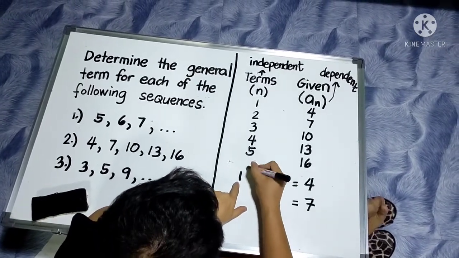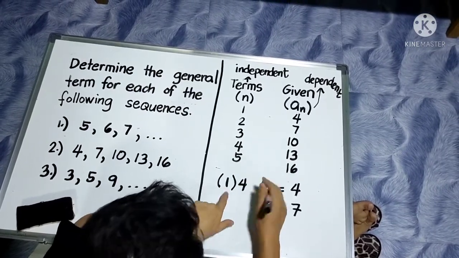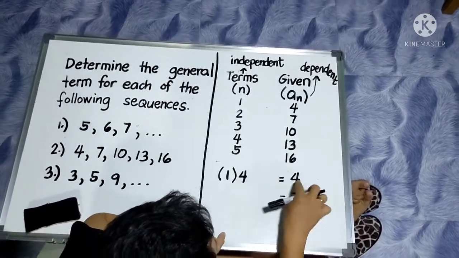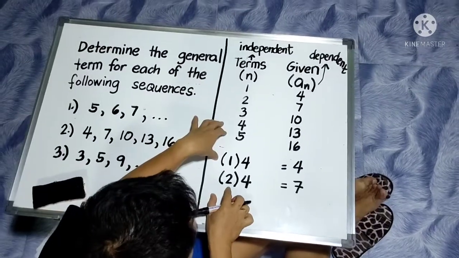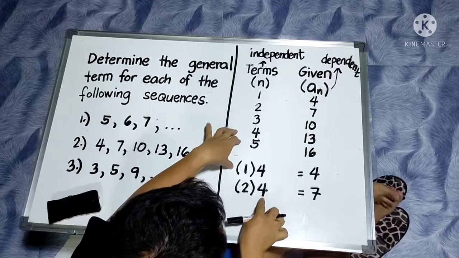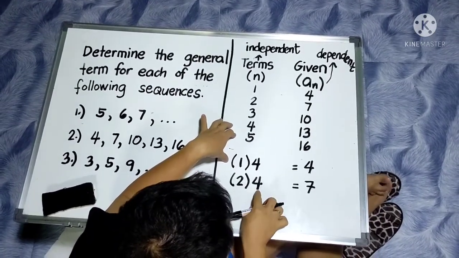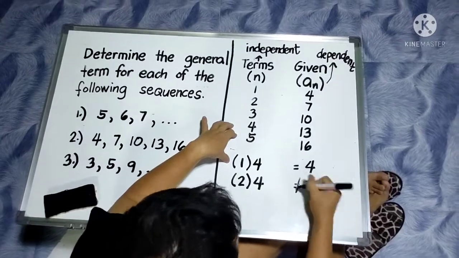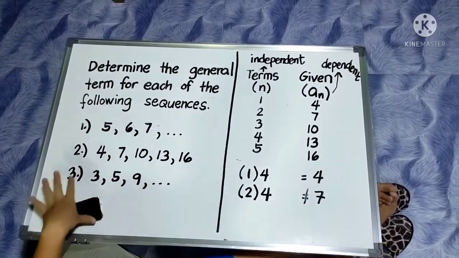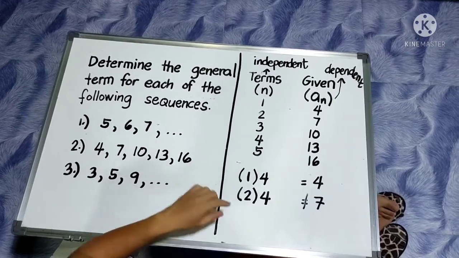Okay, let's try. We multiply it by 4. 1 times 4 is 4. Now, see the second term, your second value of n. 2 times 4 is 8, which is not equal to 7. Therefore, multiplying it by 4 is not the solution.